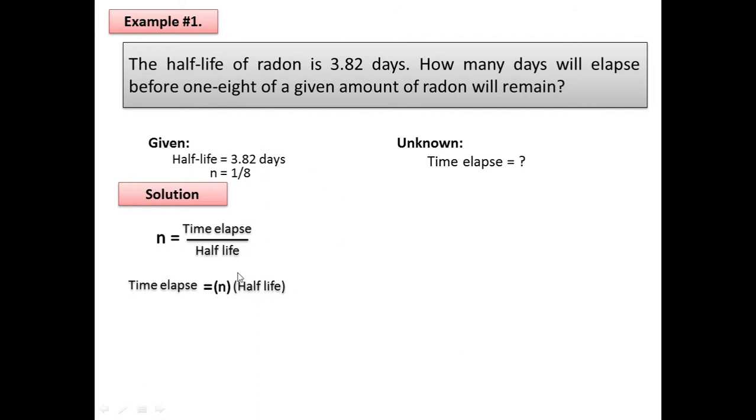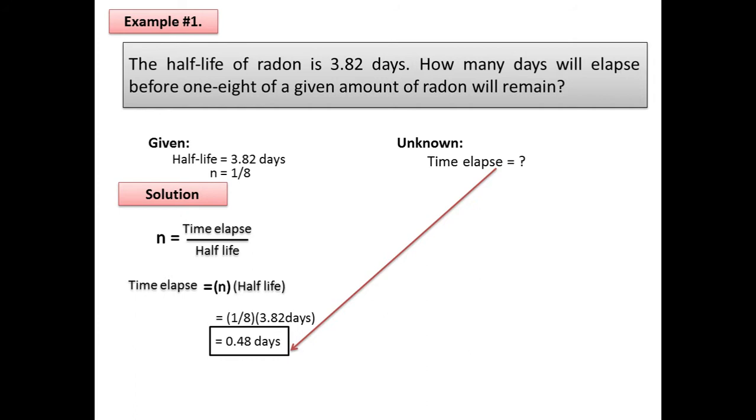So we're going to substitute the value of n. So n is equals to 1/8 times half-life is 3.82 days. Now, multiply the right hand of the equation here. So 1/8 times 3.82 days will give you 0.48 days, and the 0.48 days now is the time elapsed.